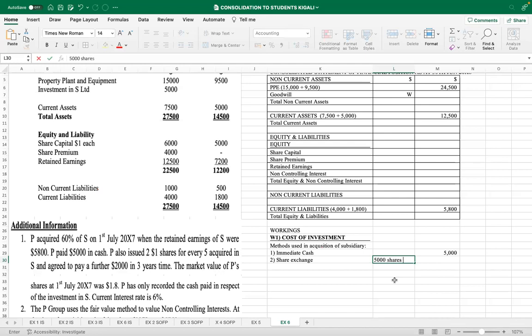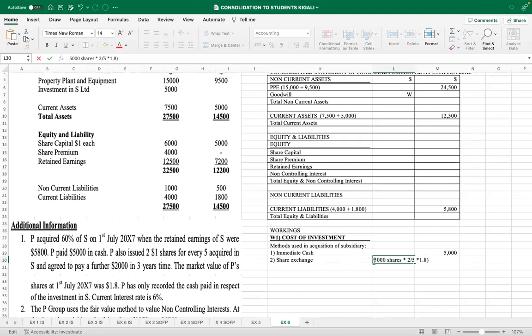So how do you get shares? It is 5,000 shares times the ratio. P issued 2 shares for every 5, so times 2 divided by 5. I believe in example 5, we had explained that. Then times 1.8, which is the market value of P shares. But we did not acquire 5,000 shares.